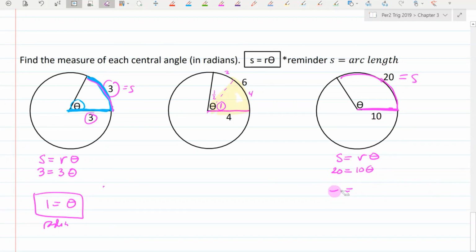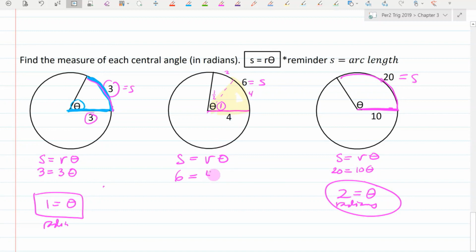So if you divide both sides by 10, then theta is equal to 2. So if you do this one, S is equal to R theta. S is the arc length, is equal to R, radius, theta, so we divide both sides by 4, so theta is equal to 1.5 radians.